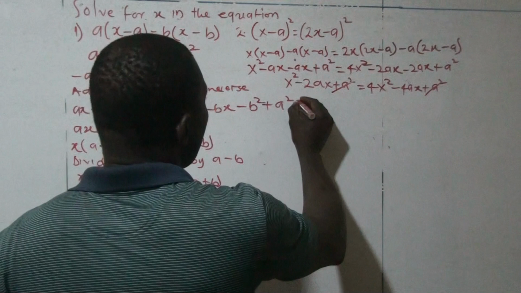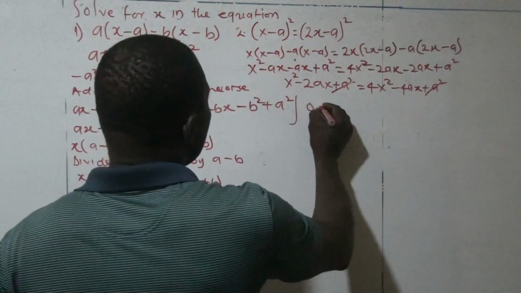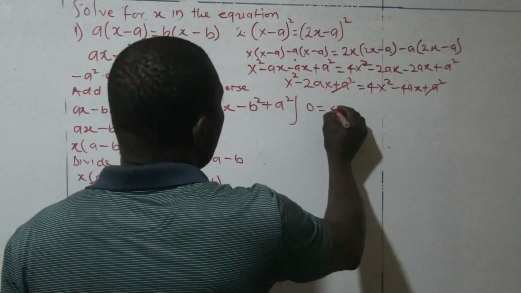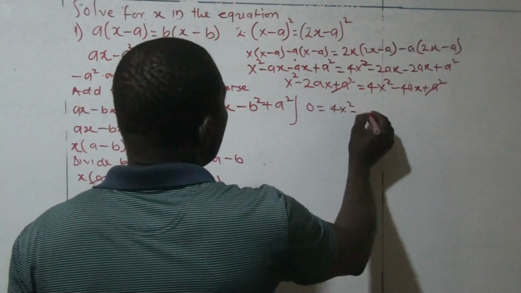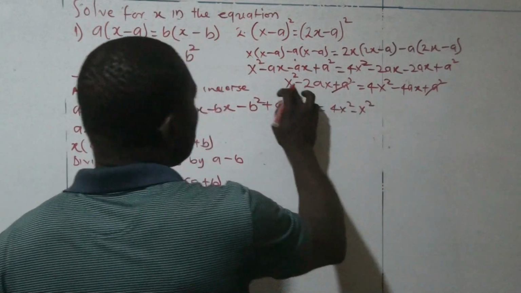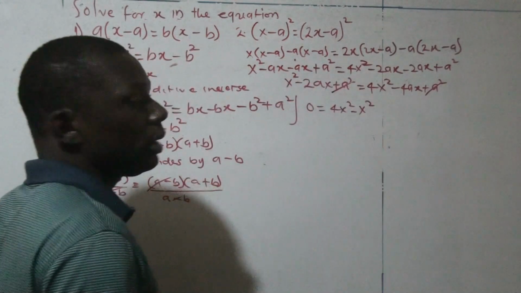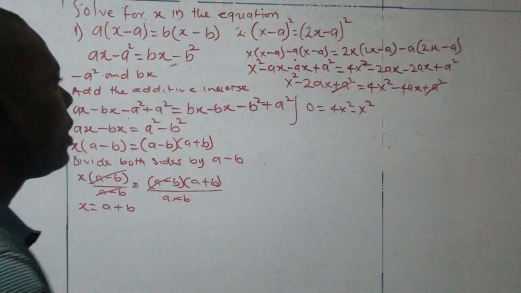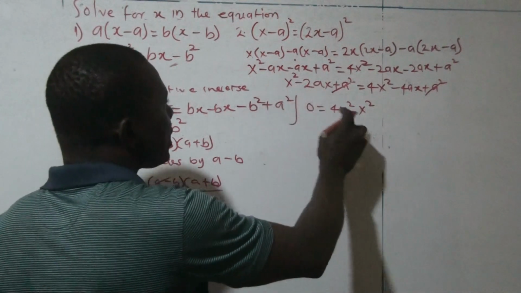So here it will become 0 is equal to 4x squared minus x squared. This is plus, as it's moving this way, it becomes the negative x squared. Here this is minus 4ax.